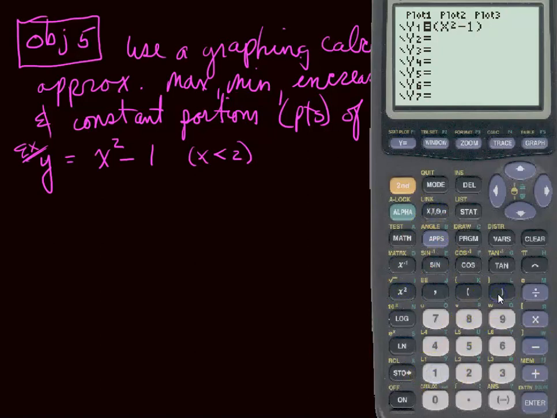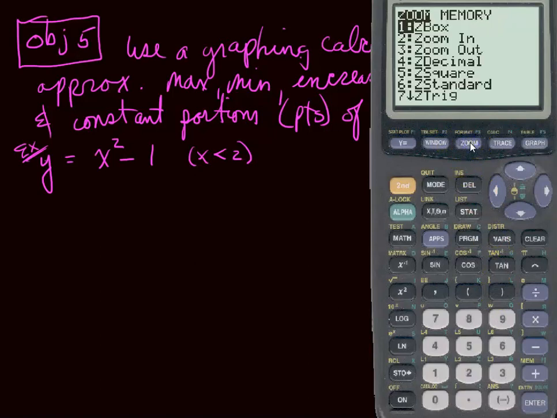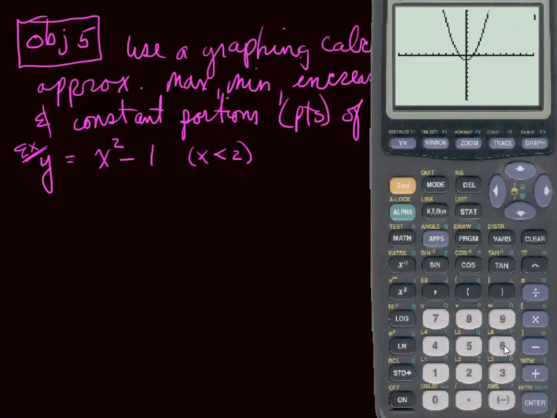Close it with the right paren. There's a reason we're going to do that, you'll see in a second. Now you can do a zoom, and the standard thing to do would be zoom standard. And that would be your x squared minus 1. It's x squared, that's a parabola, but moved down 1 unit.